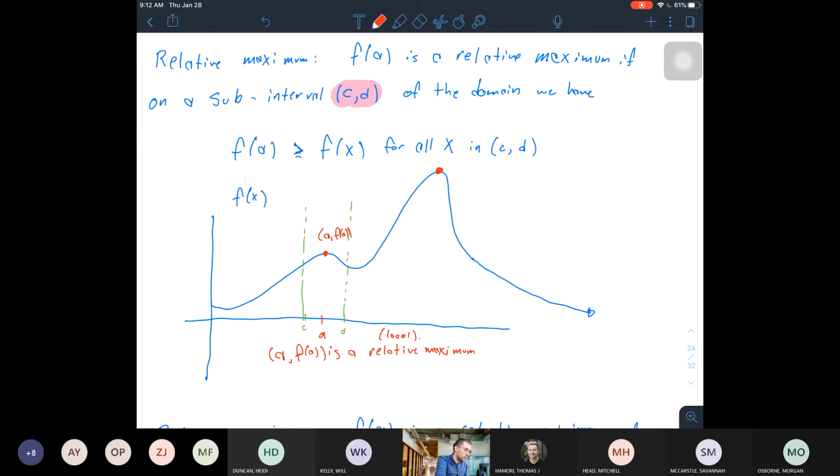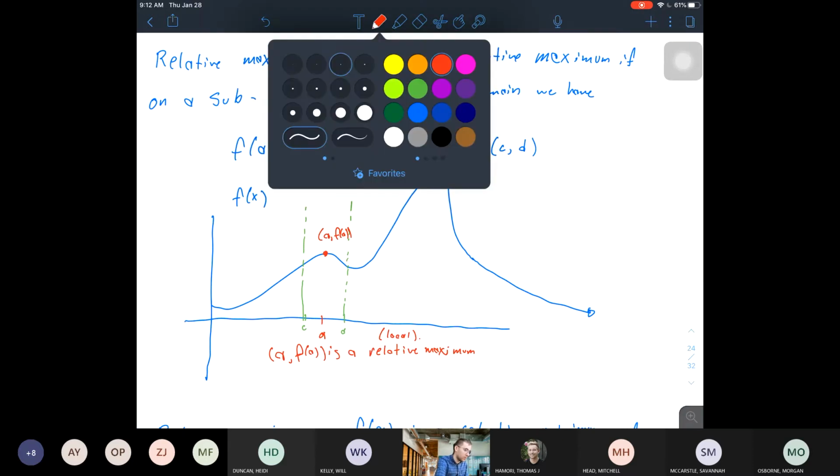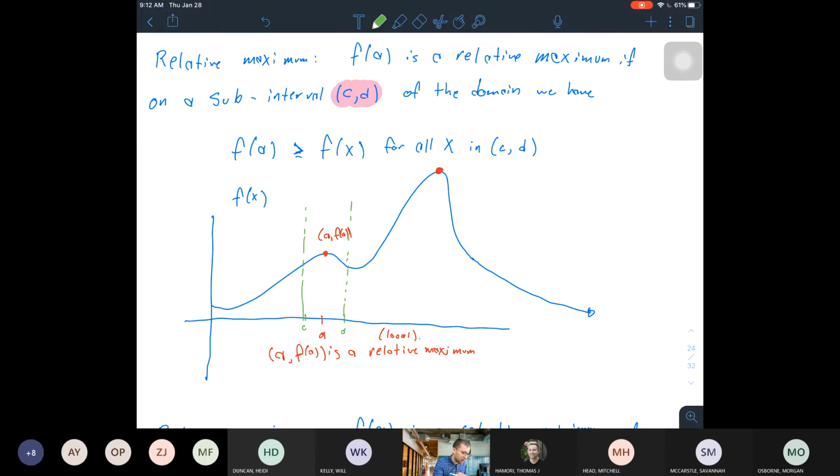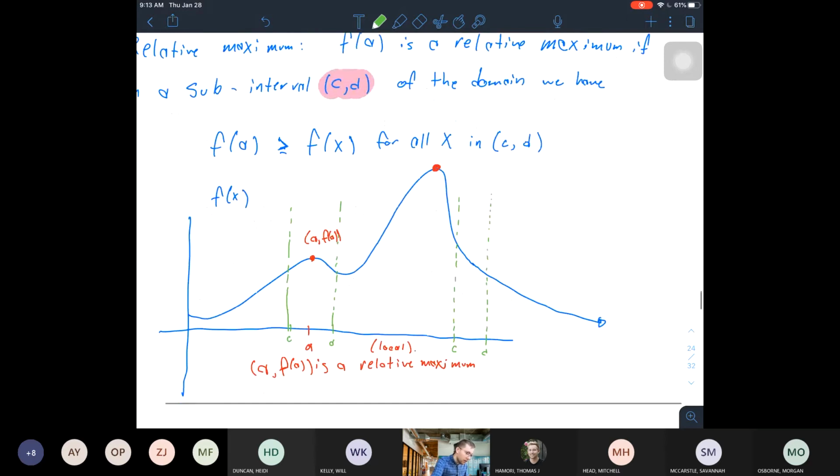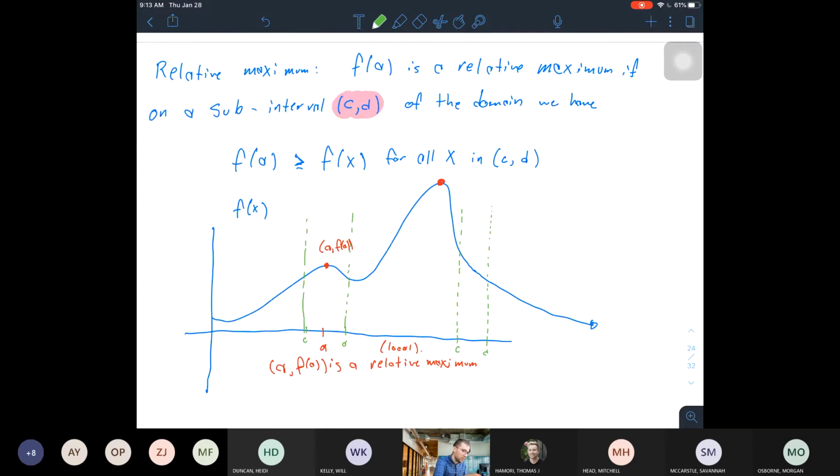All right. Now, one thing that a clever student might ask is, well, what if we chose c and d over here? What if we just choose c and d right here? And let me ask the class, is there a local or a relative maximum if we choose c and d to be this interval right here?